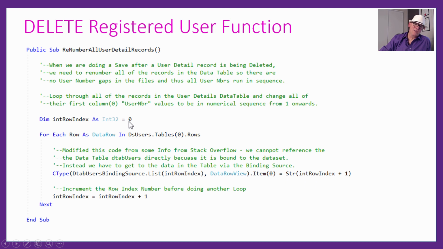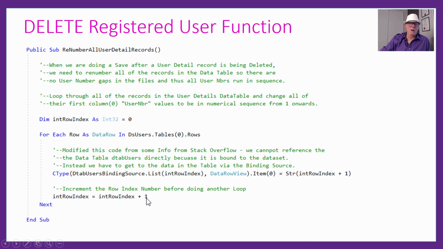Because remember, we're starting at 0 in Visual Basic and our first record won't be record 0, so it won't be int row index. We want it to be record 1. So it's int row index plus 1. And then because it's a system int32, we need to string it up so it's in a string before we put it into our data table, okay?